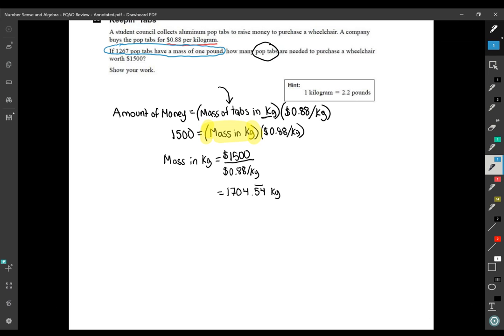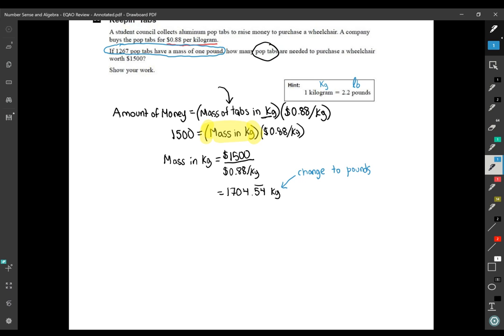If instead of in kilograms we knew the mass in pounds, then we would be able to calculate the number of pop tabs. So we have to change the unit to pounds. Okay, so remember, kilograms is kg, pounds is lb for short, okay? I don't know why L and B, but that's how it is.